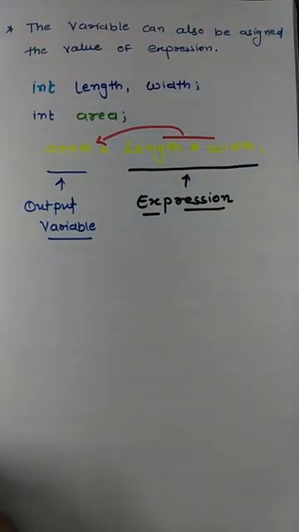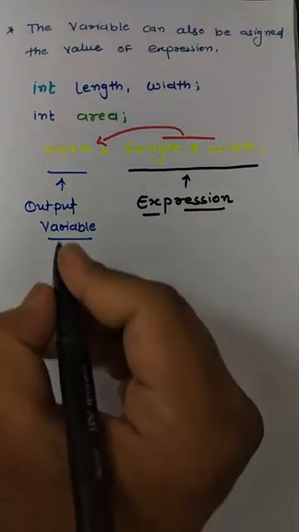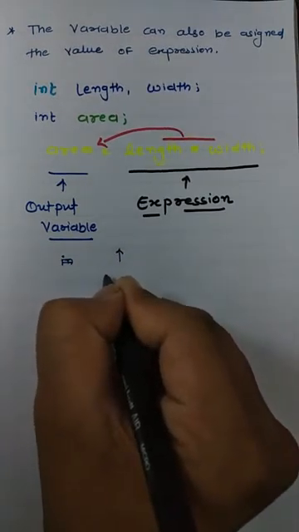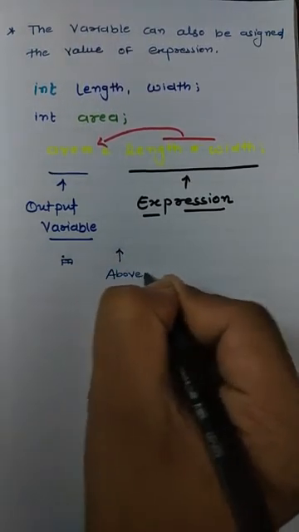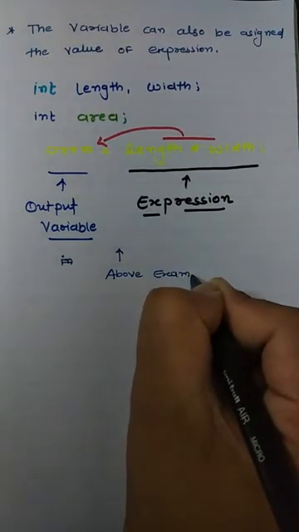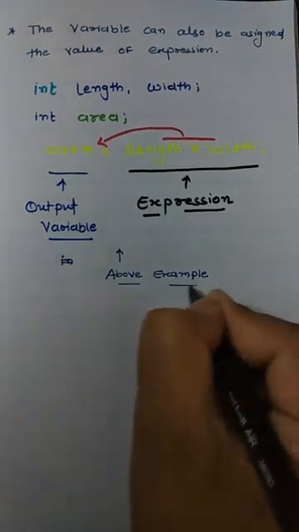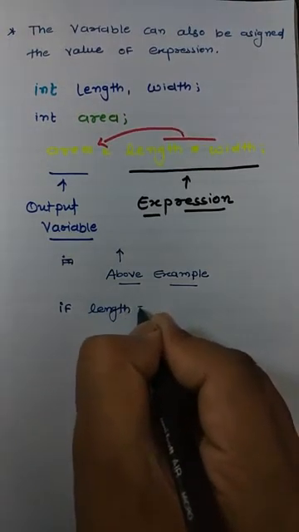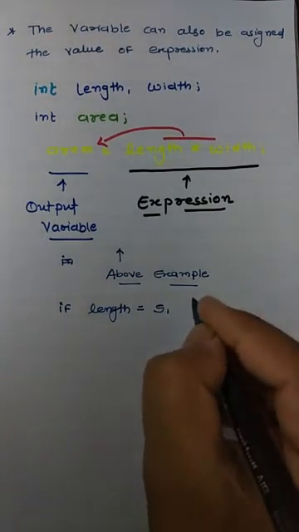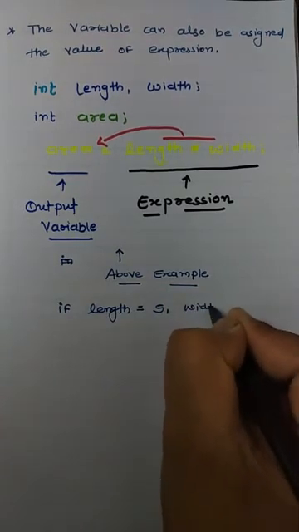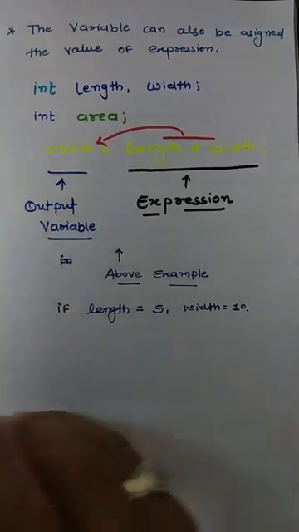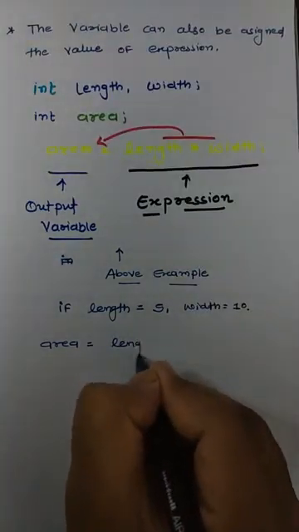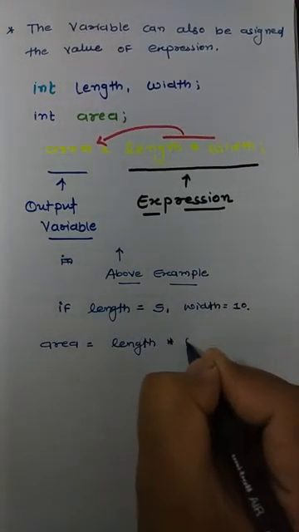It means that for the above example, if length is equal to 5 and width is equal to 10, then area is equal to length multiply by width.